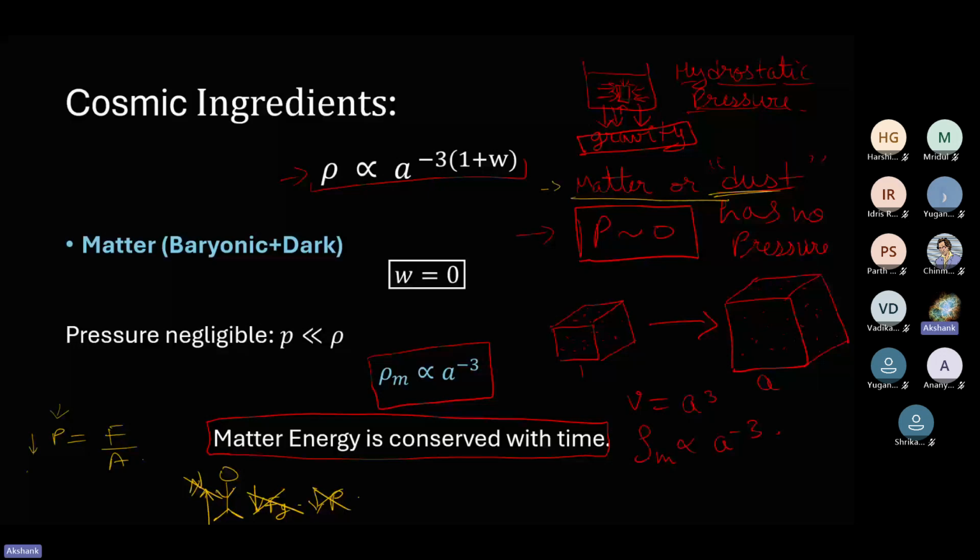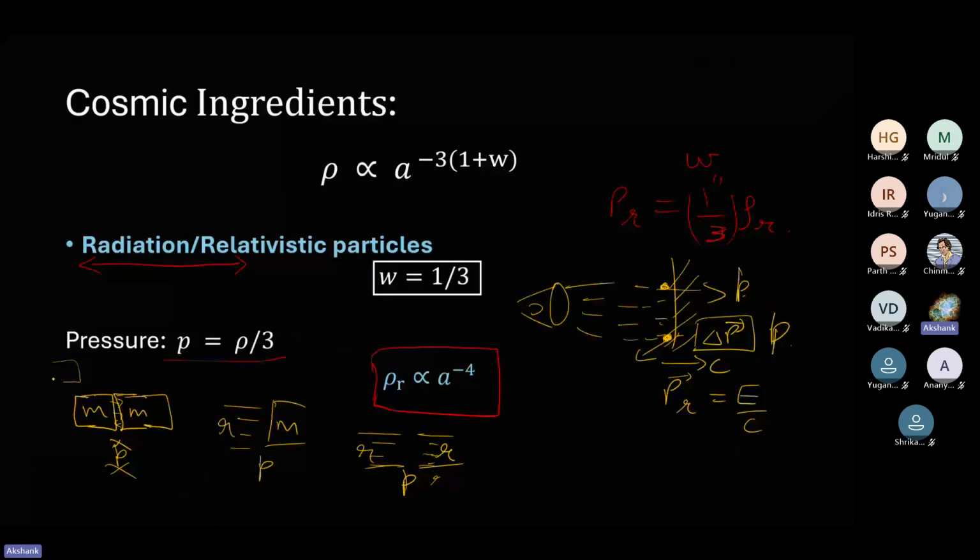But if they were moving, say you had something moving this side and this matter moving this side, then they would have collided, and this collision would have caused pressure. Whether an elastic or inelastic collision, there would have been some momentum transfer, and that momentum transfer would have been your pressure.